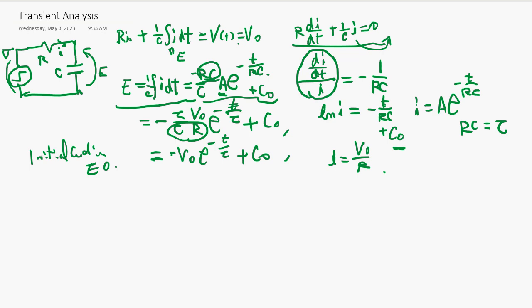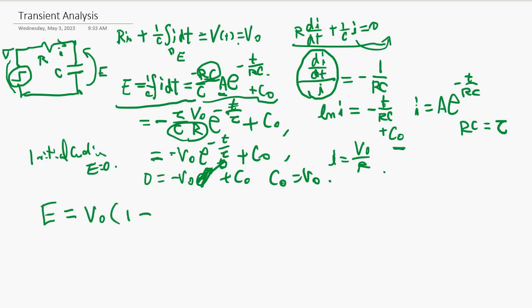So 0 equals minus V0 times 1 plus C0, so C0 is V0. So E is basically V0 times 1 minus e to the minus t over tau, where tau is the time constant.